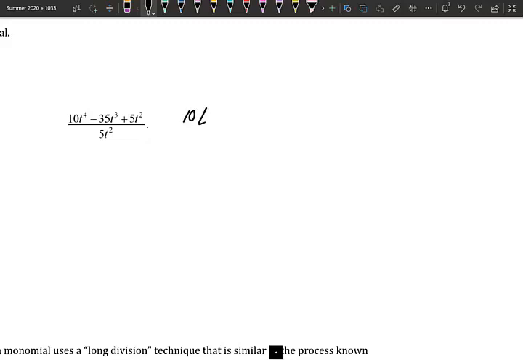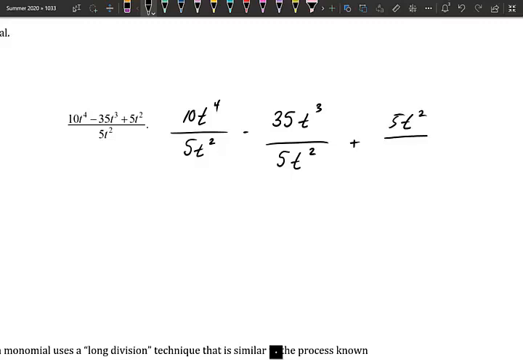We have 10t to the 4th over 5t squared minus 35t cubed over 5t squared plus 5t squared over 5t squared. Alrighty, let's start canceling out. So 10 divided by 5, we're left with 2 on top.